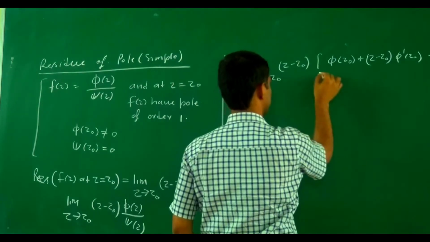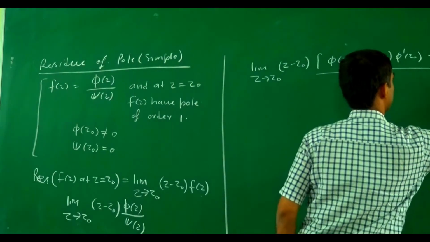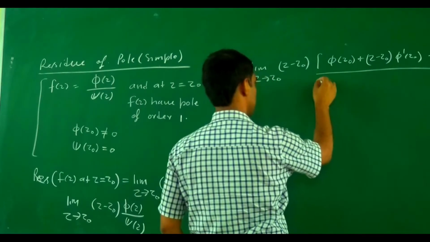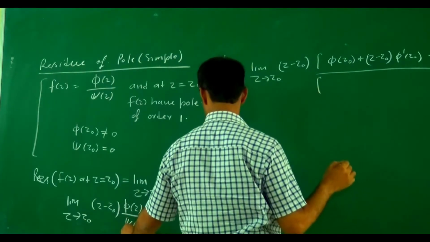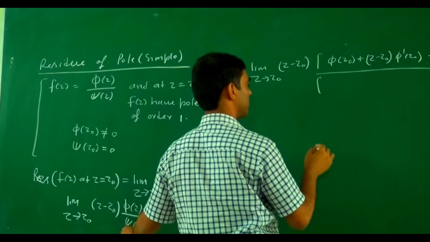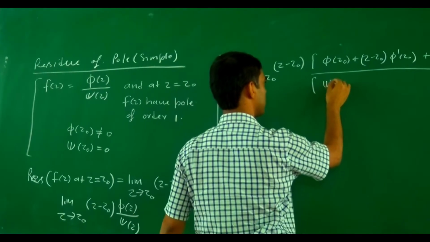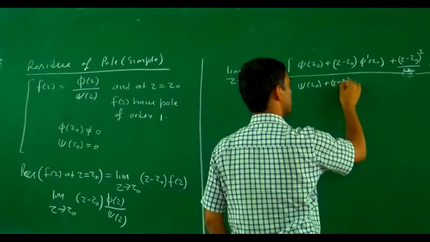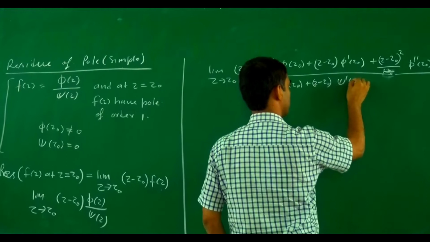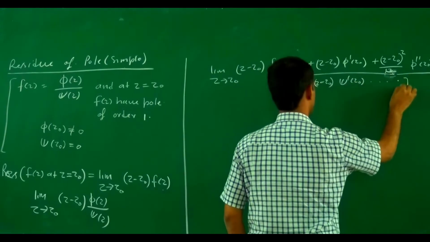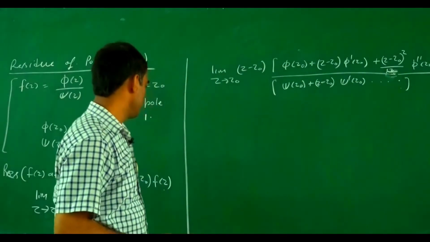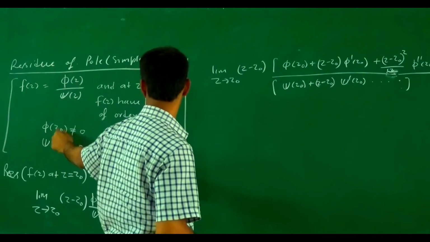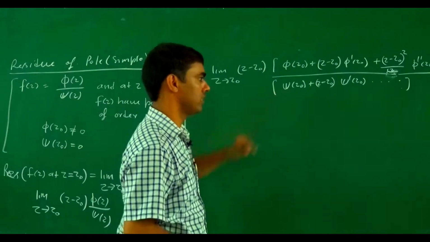In the denominator, the Taylor series expansion of psi(z) about z equals z0 becomes psi(z0) plus (z minus z0) psi dash(z0), and so on. If we closely observe, phi(z0) does not equal 0 and psi(z0) equals 0.